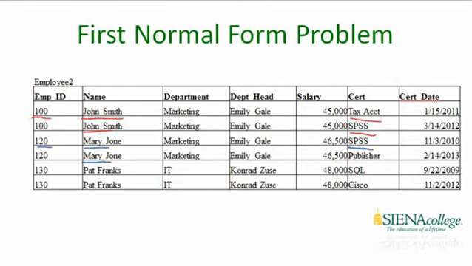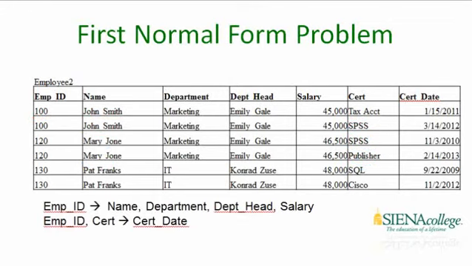Or does it represent Mary Jones with publisher? This problem can be resolved if we take the employee ID and have it point to just the name, department, department head, and salary.